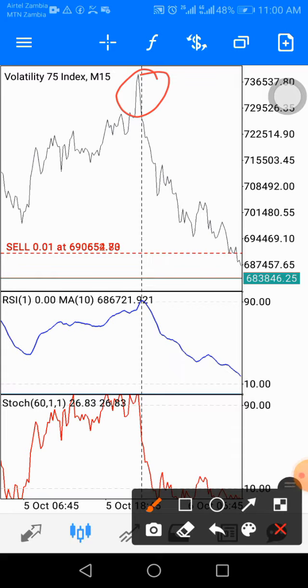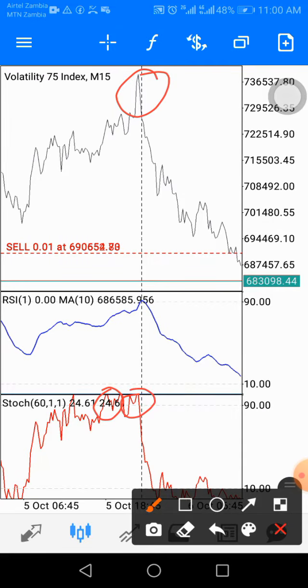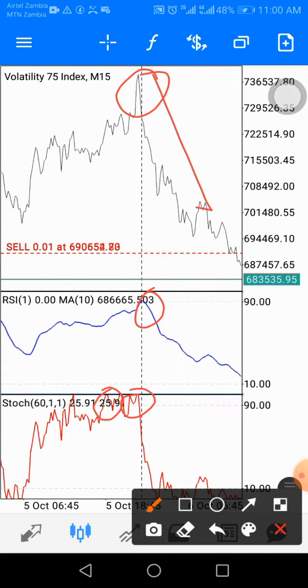Then you will find that the Stoch indicator crossed even before the moving average hit the RSI level. Even before the moving average hit, it crossed like that, and then the spike happened at the top there and it started selling again.